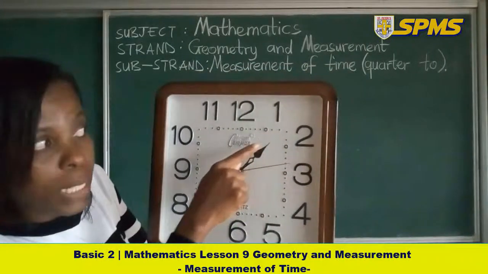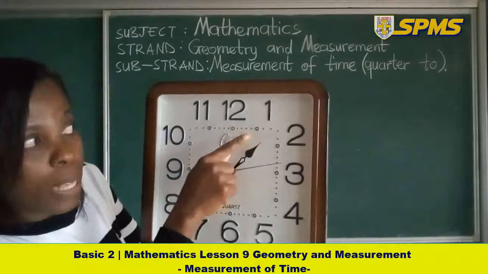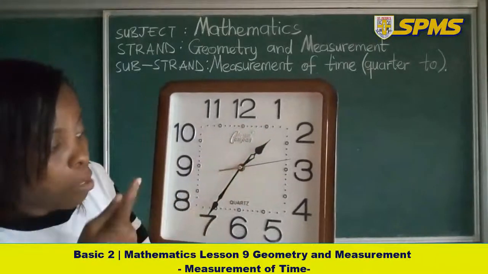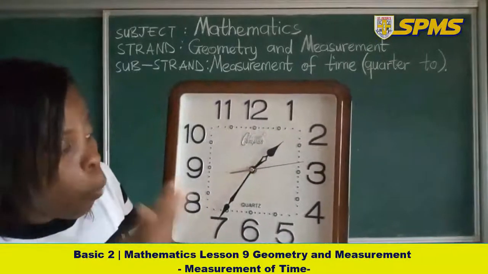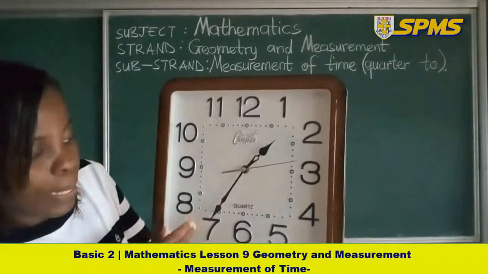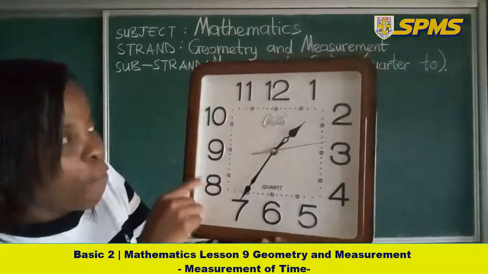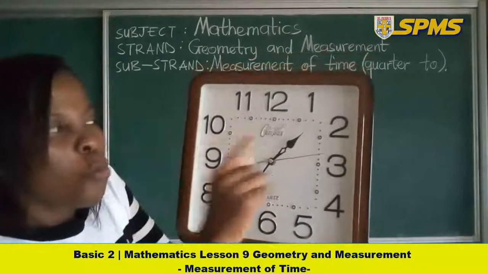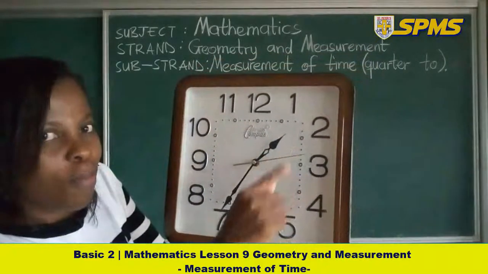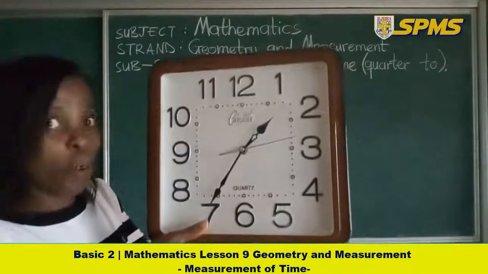It's now in the middle of these two numbers, 1 and 2. So you can also say the time is 1:35 or 25 minutes to 2. Hope you are following.